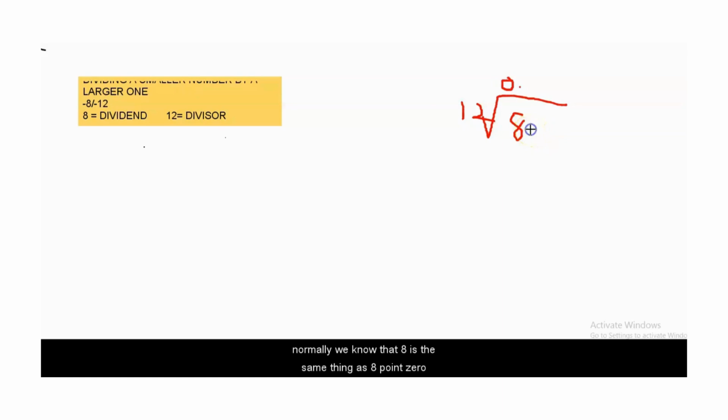You know, normally we know the 8 is the same thing as 8.000 and so on and so forth. No matter how many zeros you add after the dot, the magnitude of the number will still remain as 8. But the condition for including this is to add a 0 and a dot on the overbar.